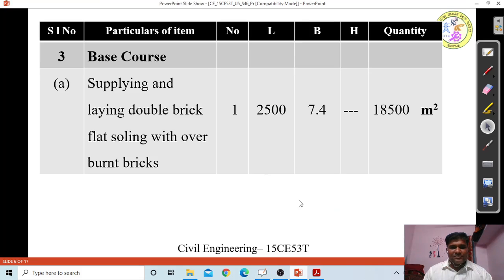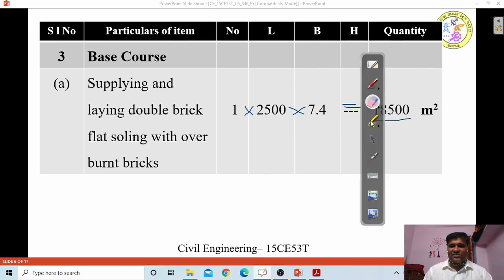For supplying and laying double brick flat soling with overburnt bricks, the total length of the road is 1 into 2500 into the total width of the pavement including the edgings, which will give me 18,500 square meter as the total quantity of this brick flat soling.